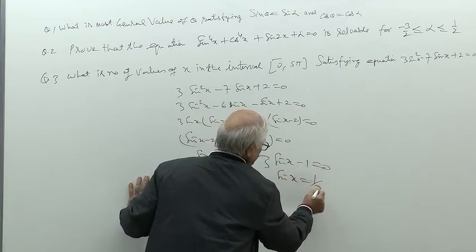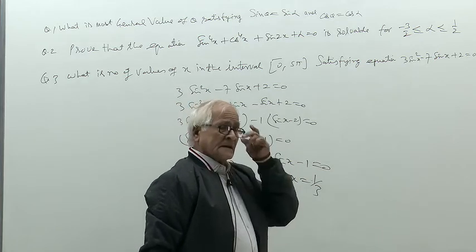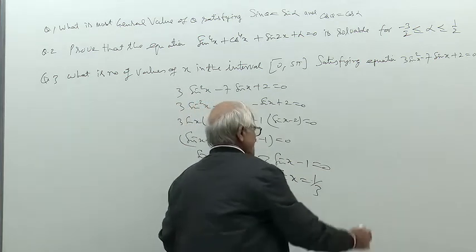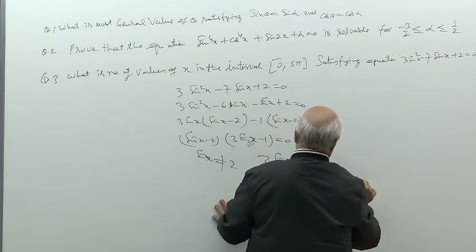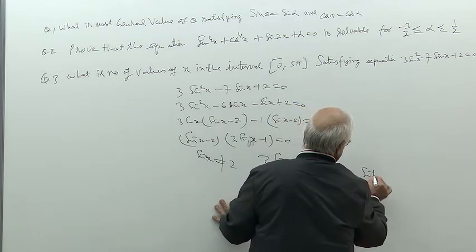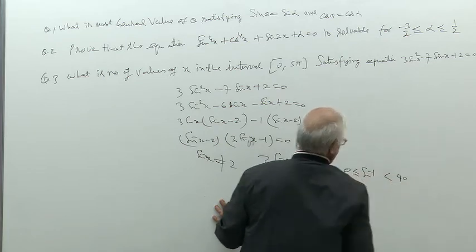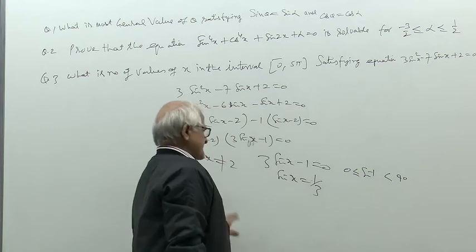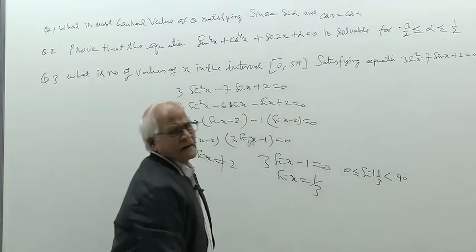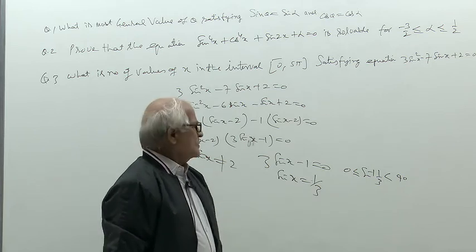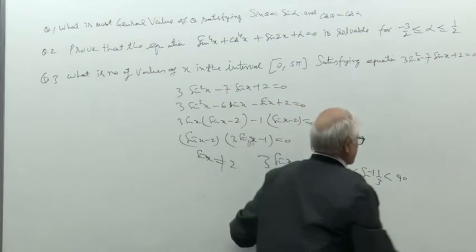The value 1 by 3 for sin x is positive. Therefore, this value lies in the first quadrant. This value lies in the first quadrant. Thus we get the first solution.